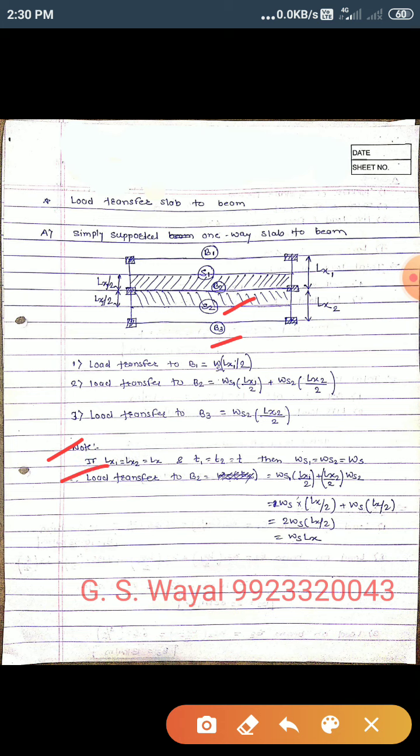If Lx1 is equal to Lx2 is equal to Lx, meaning both spans are equal, and the thickness of the slabs S1 and S2 is the same, so the self-weight will be the same, and suppose your live load and floor finish are also the same on both slabs, in that case we can consider the load on the B2 beam as WS1 LX1 by 2 plus WS2 LX2 by 2. Actually this is your formula, which comes from this derivation.